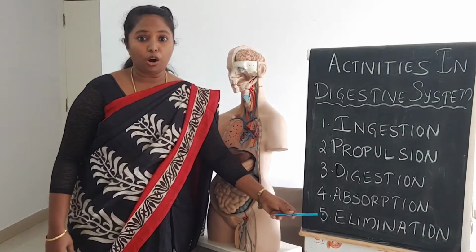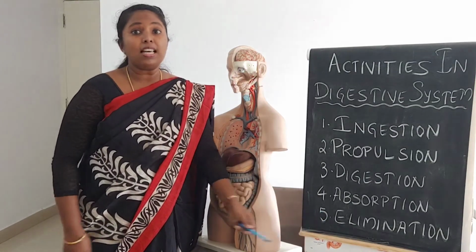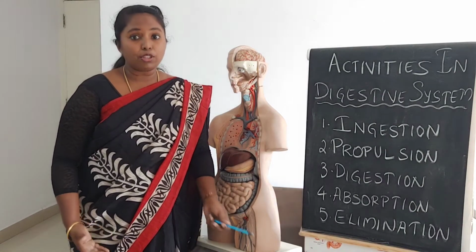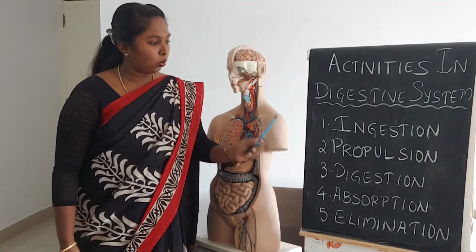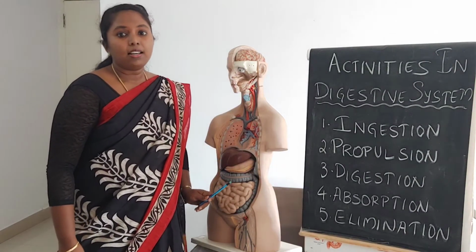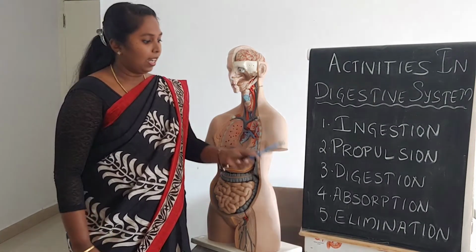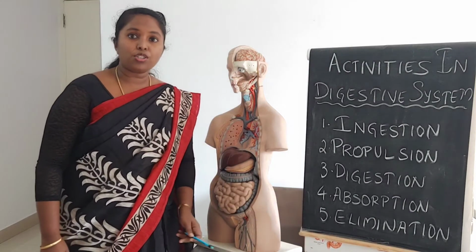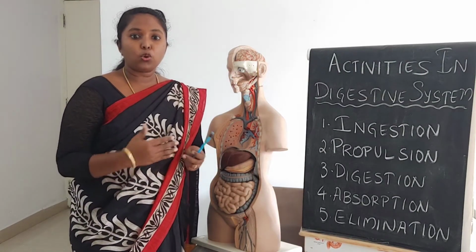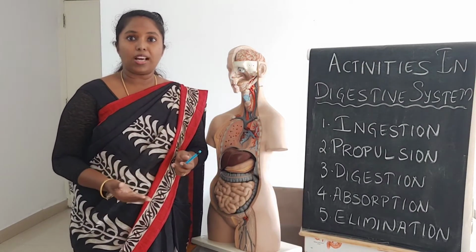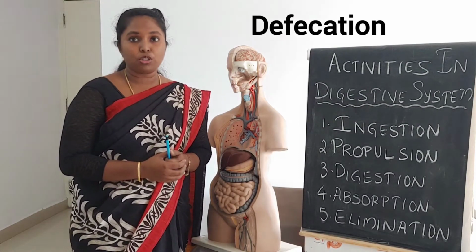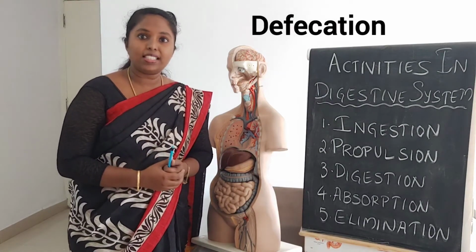The process of the food substances that are not digested or absorbed being excreted through the alimentary tract or canal as feces is known as elimination. The process of throwing out the feces is known as defecation.